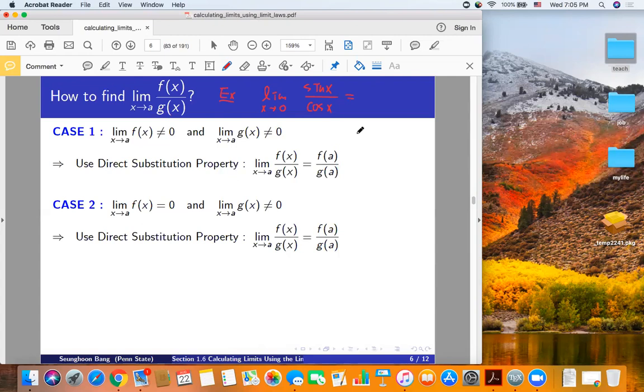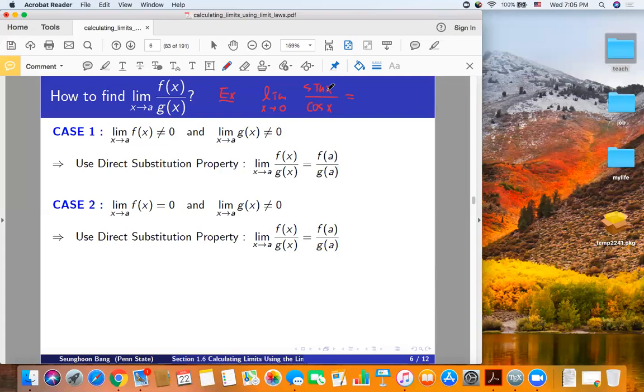Yeah, sine of 0 over cosine of 0, or tangent of 0, is the same answer. What is tangent of 0? The answer is 0, you're right.